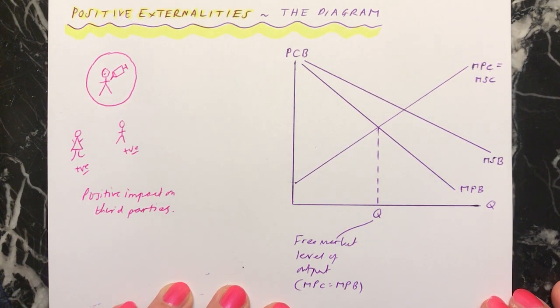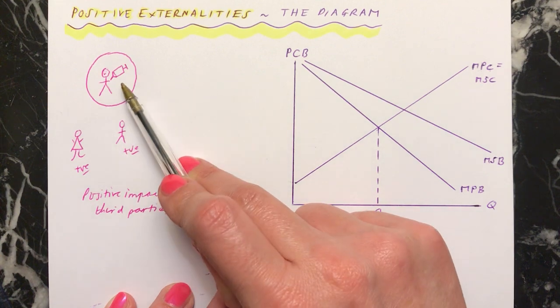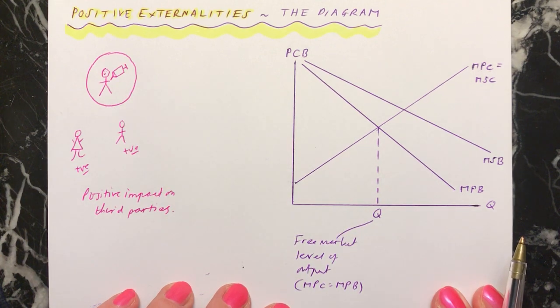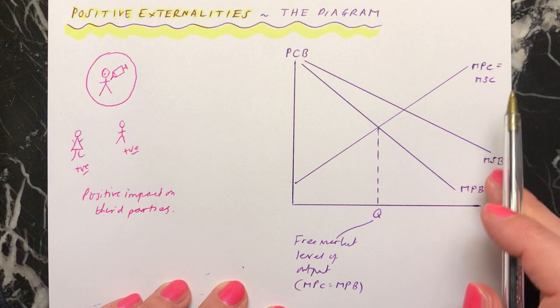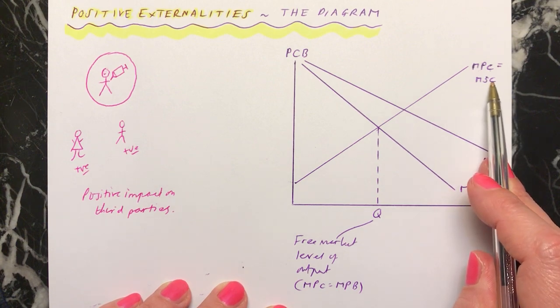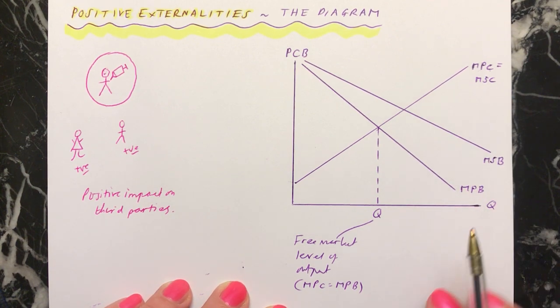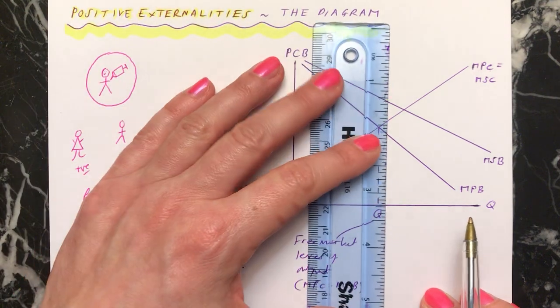And then we can find out where the socially optimum level of output would be for this transaction, and in this case, for instance, people receiving inoculations against diseases. And this happens where marginal social cost is equal to marginal social benefit. So it's what's best for society.